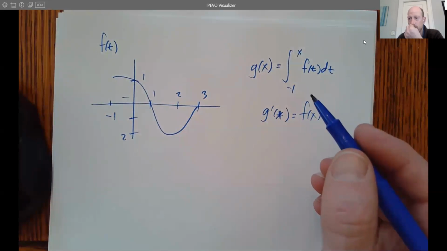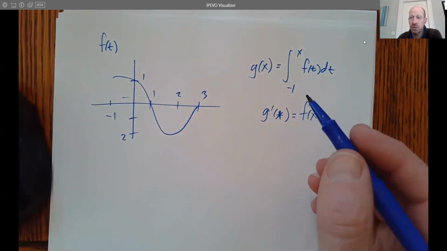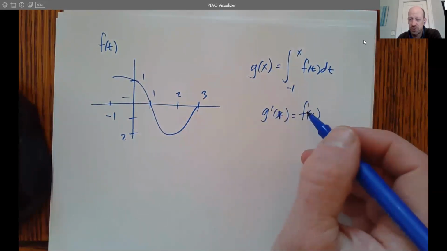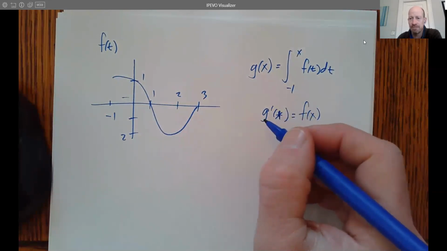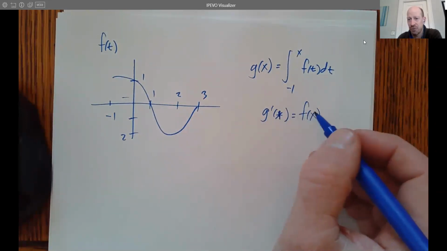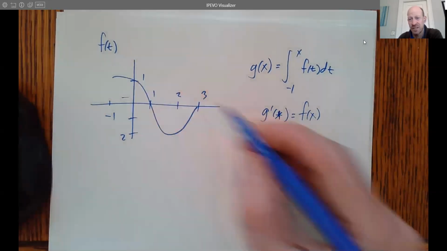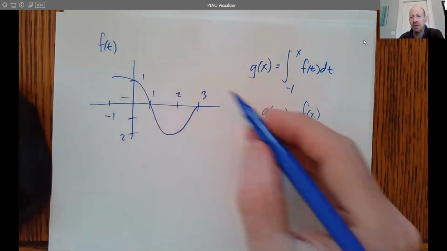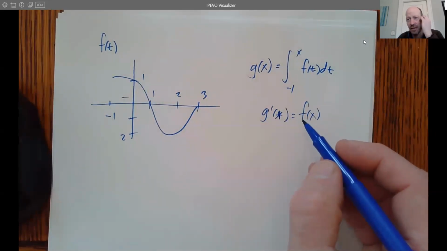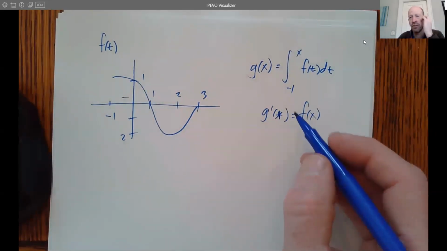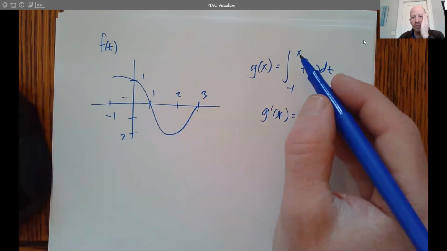So that's probably the most direct approach, the most calculus-like approach, is to understand that this function here, which we call f of t, you can also think of as f of x. It's really okay. You just want to not confuse.